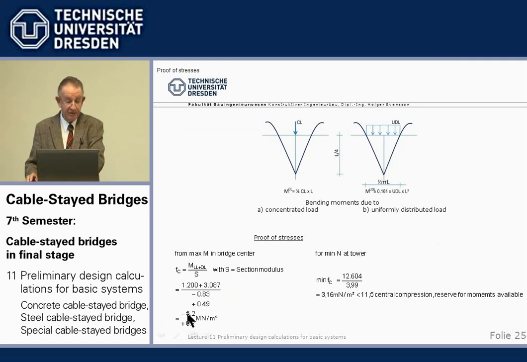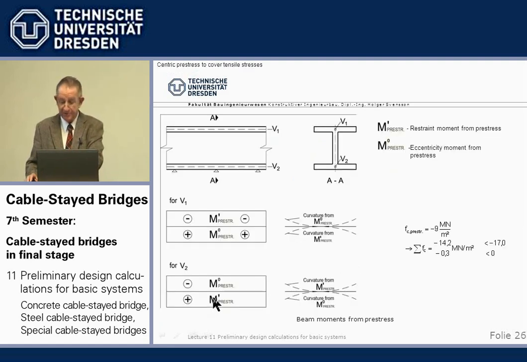And if we have on the top minus 5, minus 9 in post-tensioning, we are at minus 14.2. Earlier we said we permit an edge stress of minus 17, and so we are below the permissible compression stress in total, and we have no tensile stress.